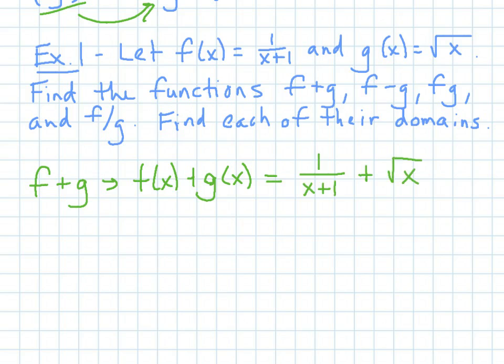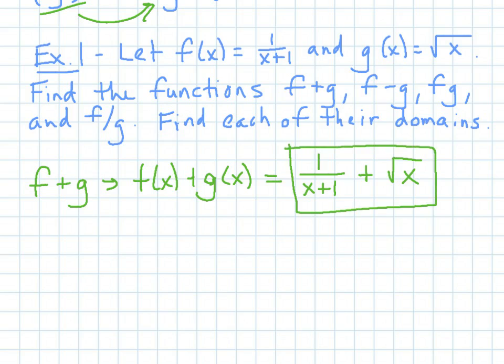Now, do you really have any like terms there? No. There's not a requirement to make common denominators when you're doing these, so don't think that you have to make common denominators unless they specifically say to or say simplify. Here they're not like terms, so that's not a big deal. So this is basically your function for addition.